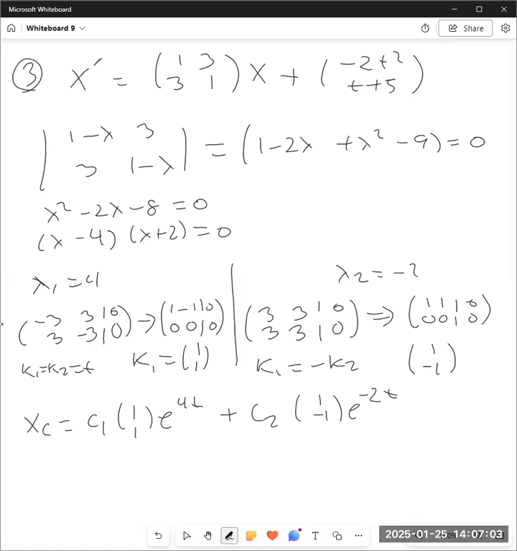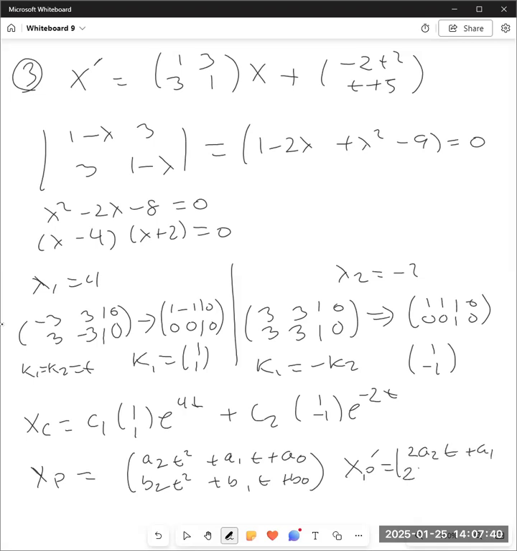Then I'm going to have an XP of a2t squared plus a1t plus a0, b2t squared plus b1t plus b0, and that makes xp prime equal to 2a2t plus a1 and 2b2t plus b1.